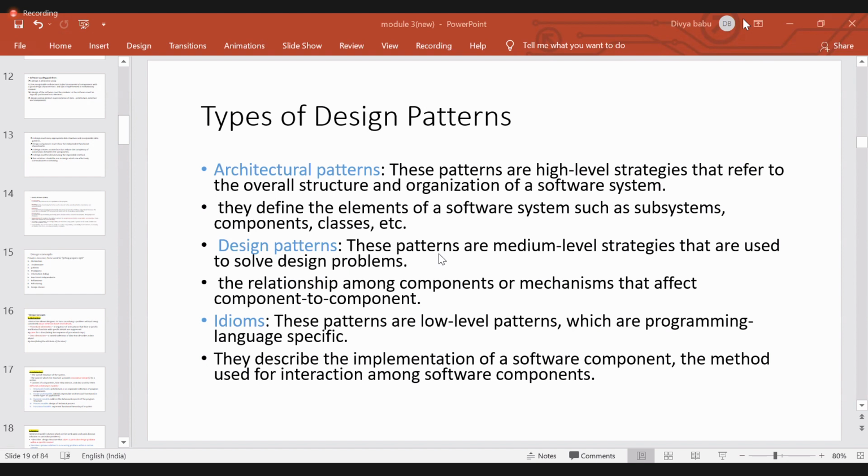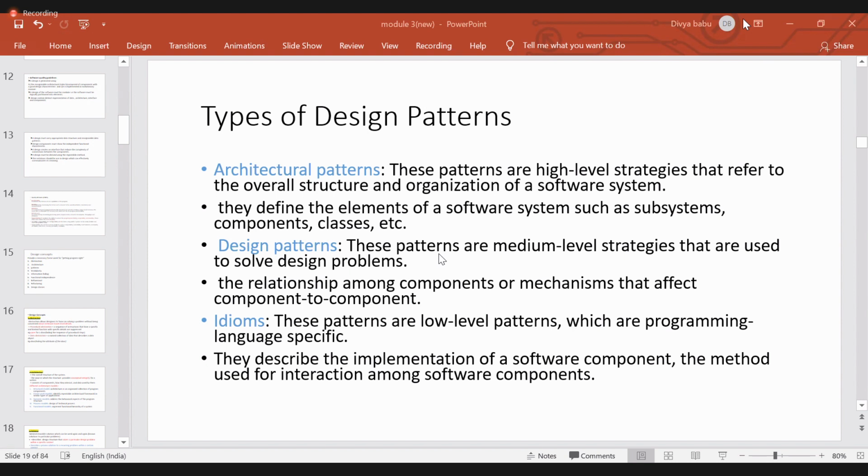So in this way it is arranged, and you will understand once you come to the next level strategy. That is design pattern. This medium level strategy is to solve the design problem. When it comes to software, that is the relationship between different components. The component to component relationship is what we discuss in the design pattern, like a component diagram is an example.